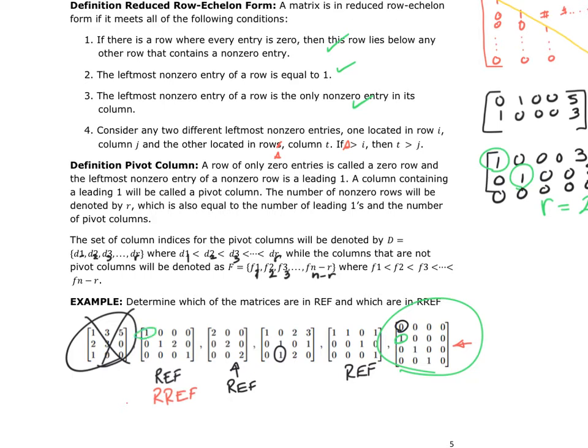The 1 in the 1, 1 position is the most left one. Then the next one can be over 1, down 1, or over 2 and down 1. And then the last one, of course, that one. So there are 3 that are in row echelon form, and only one of these is in reduced row echelon form.